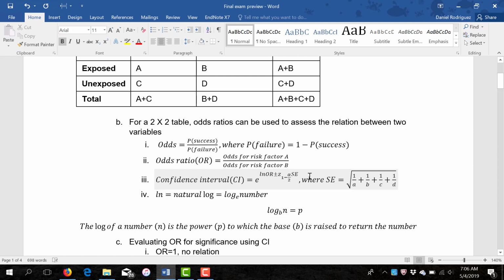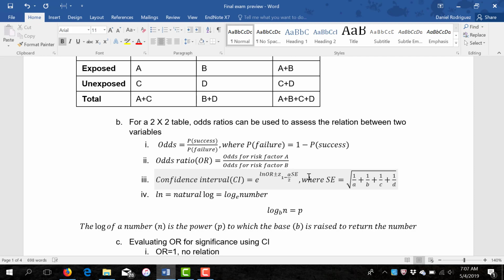All confidence intervals are a point estimate, like our odds ratio, plus or minus some margin of error. When we calculate a confidence interval, we're trying to find out if the interval contains the population value, and we give ourselves some margin of error in which we believe the true population value is located.